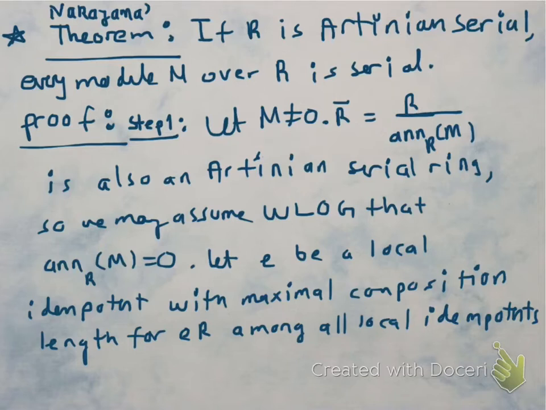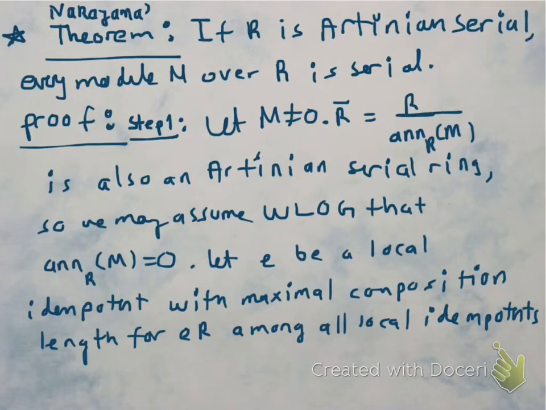Now, here's the strategy. In order to utilize the previous proposition, we would normally be looking for a module that is injective and isomorphic to one of the principal indecomposables of R. And the previous proposition says, if I take, for example, one of the principal indecomposables, EIR, that has largest possible composition length, then it has to be injective.